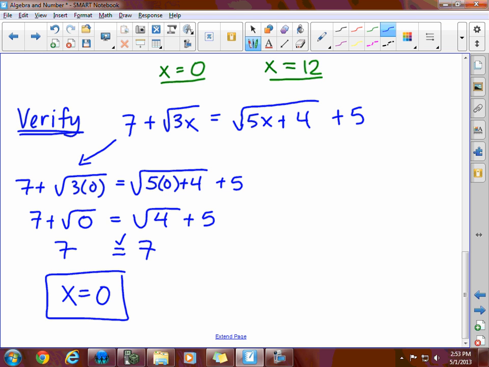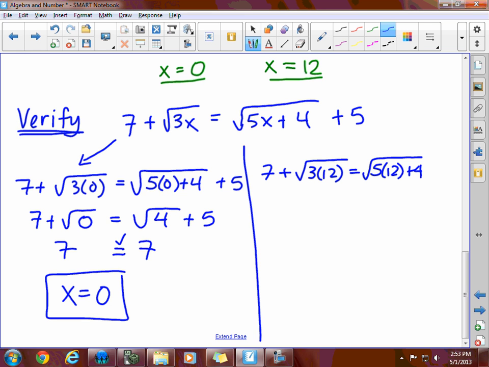Now I have to do the exact same thing, but with 12. So I'm going to have 7 plus the square root of 3 times 12 equals the square root of 5 times 12 plus 4, and plus a 5. So I want to verify that the left side of the equation actually equals the right side. So 7 plus the root of 36.